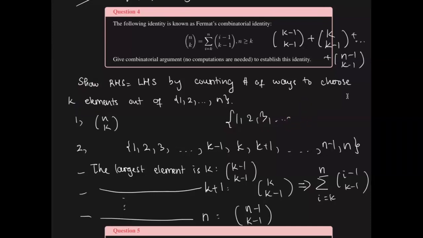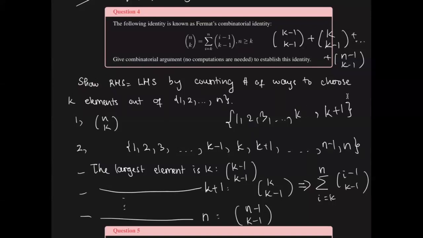But if we choose something like 1, 2, 3 up to k minus 1, and then we don't choose k, we just choose k plus 1, then in this set, the largest element is k plus 1.